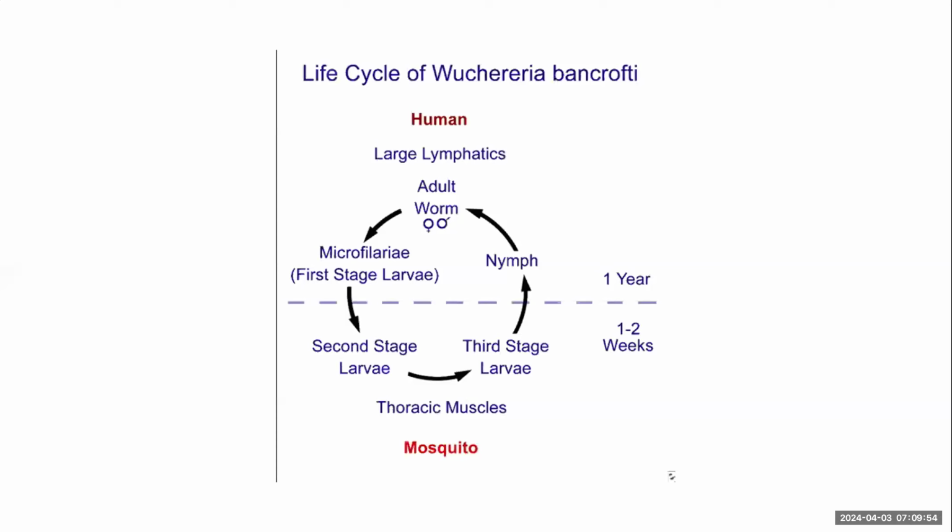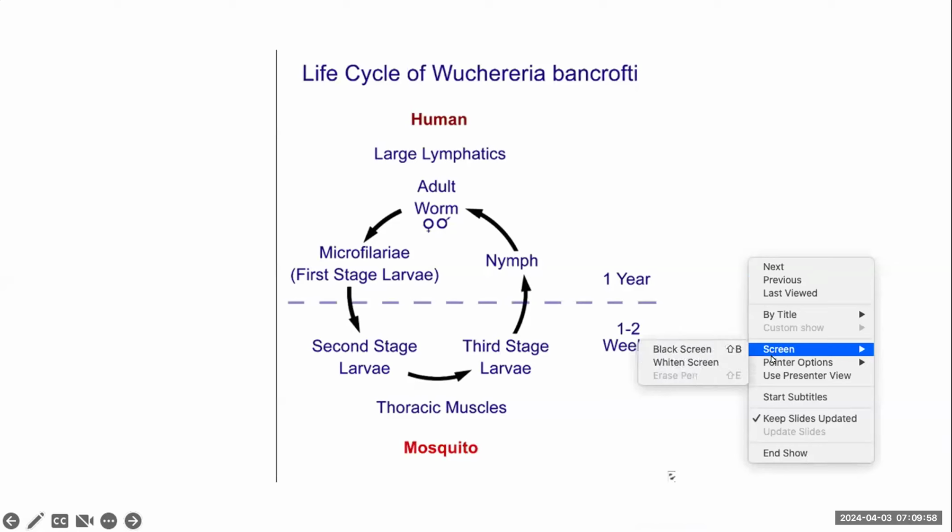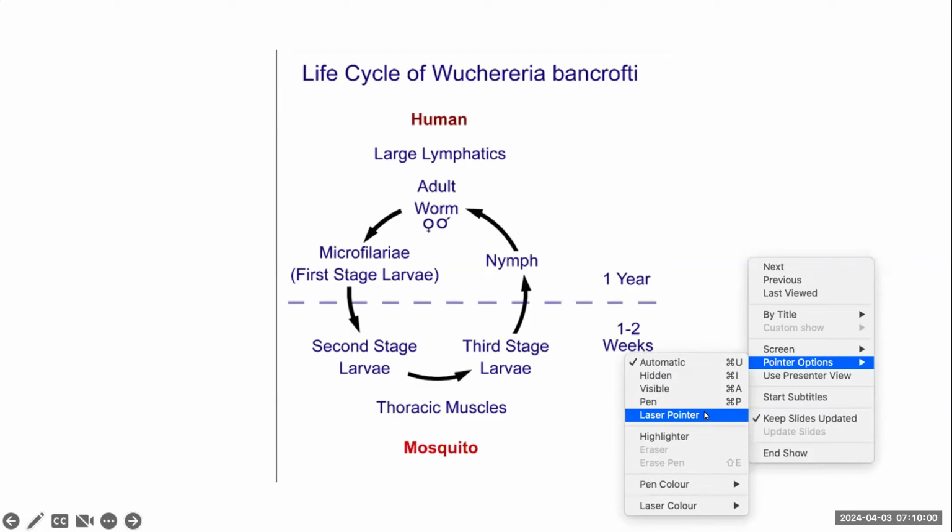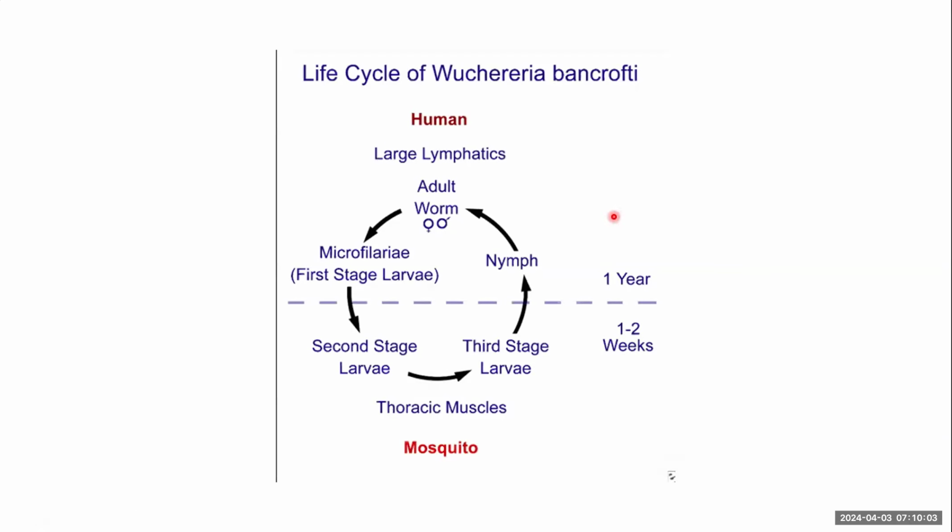So this is just an image showing the life cycle of Wuchereria bancrofti, similar to what you find in almost all the filarial worms. There are 3 stages in humans and 2 stages in the intermediate host, which is the mosquito.